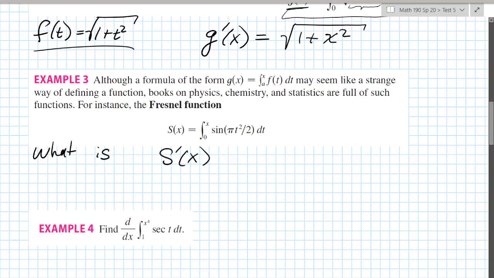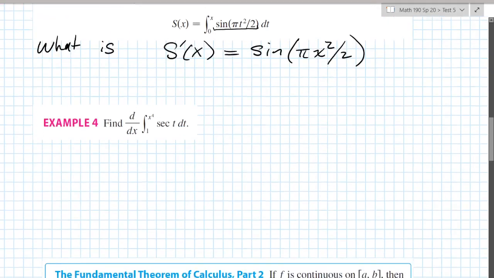So you look at the f of t, and you say, well, the sine function is a continuous function. The inside of the sine function, that composite function, everything looks fine there. The setup goes from 0 to x, that is from a to x. So the derivative of this is the sine of pi x squared over 2. And that's it. We're done with that function as well.